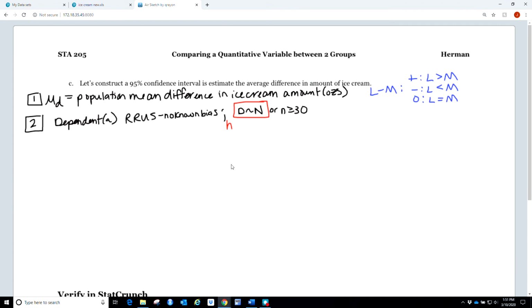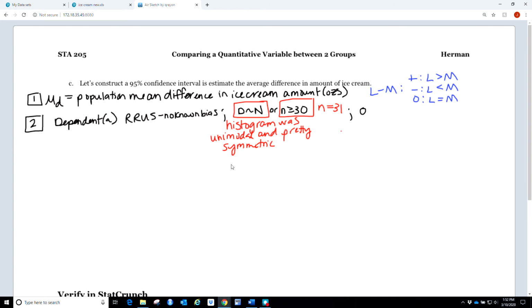So my histogram was unimodal and pretty symmetric. Technically in this case though, both of them are true because we've also sampled 31 people. Again though, this just has to be an or. They do not both need to be true. They also just happen to both be true in this example.